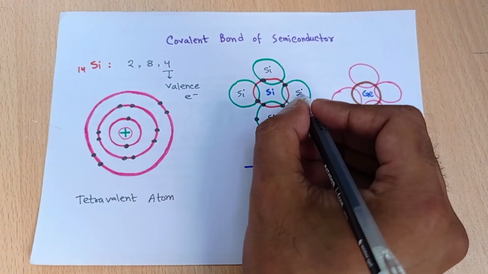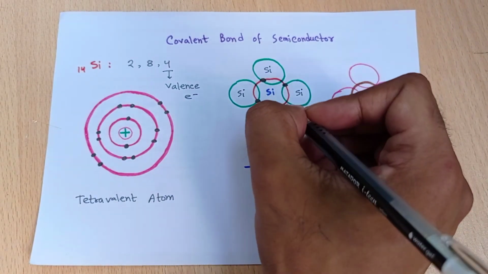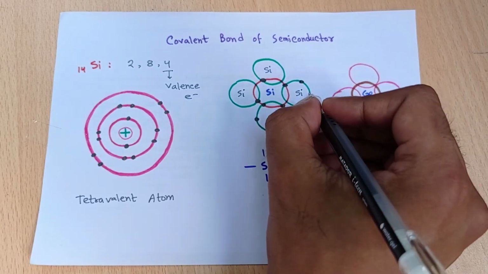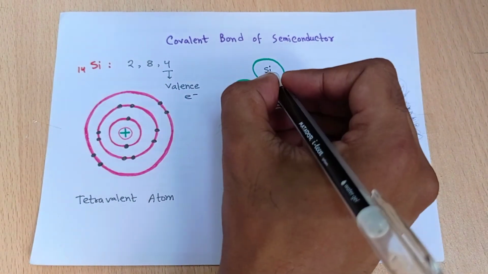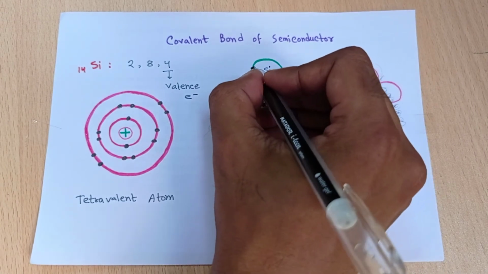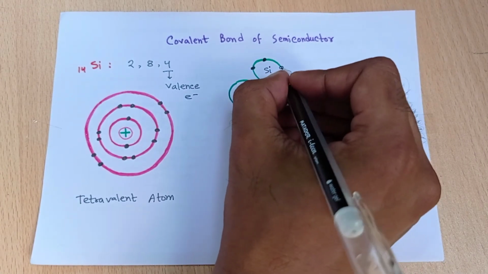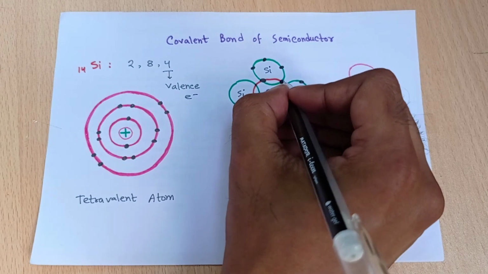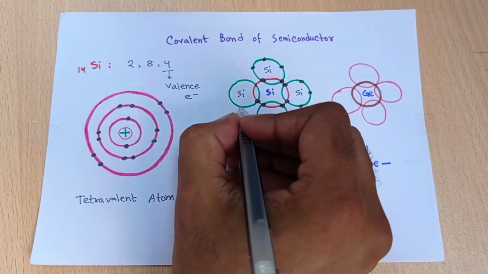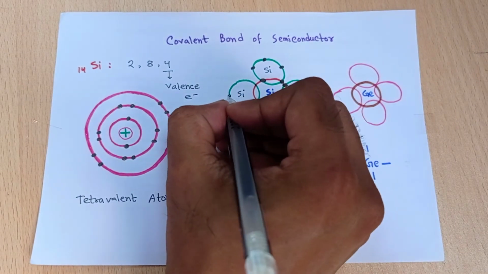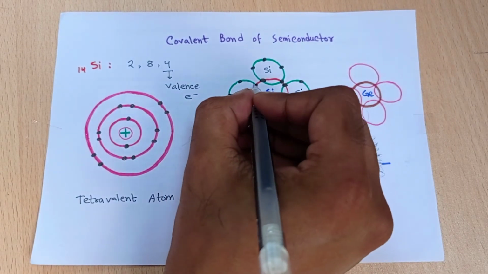This silicon atom also contains 4 electrons at its outer shell. Suppose 1, 2, 3, and this is 4. This silicon remains the same, that is 1, 2, 3, and this is our 4. And the last silicon semiconductor contains another 1, 2, 3, and this is 4.